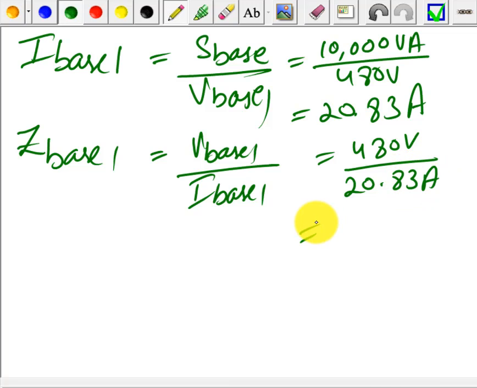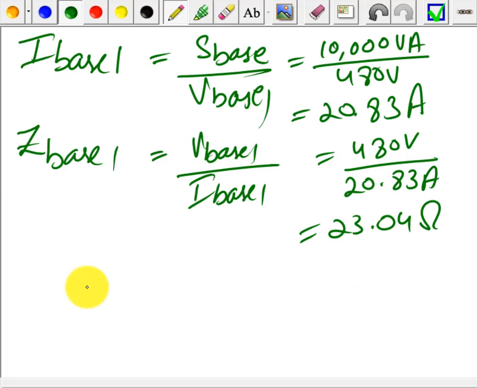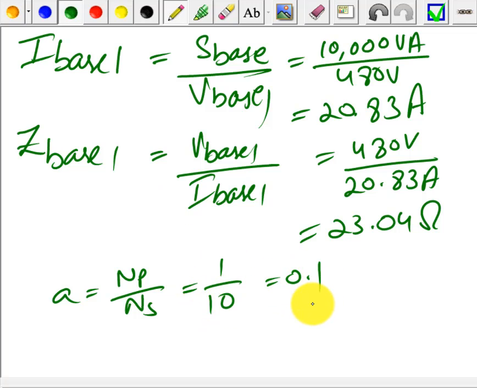So that quantity will be approximately equal to 23.04 ohms. Now we know that the turns ratio of the transformer T1, say this is T1 and say T2, is 1:10. So here a will be NP over NS, which is 1/10, so that will be 0.1.